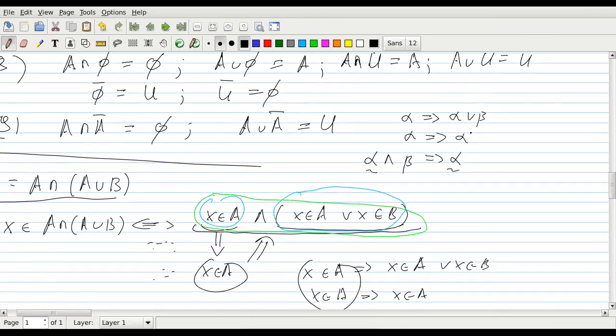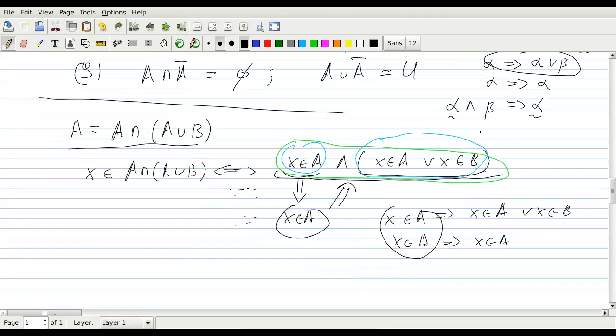Where from can you infer these properties? Of course, from truth tables. This is always true. This is a tautology. Why? You may just make a truth table and check.